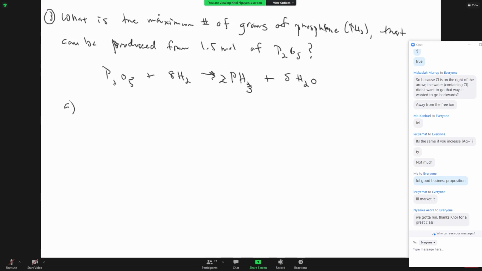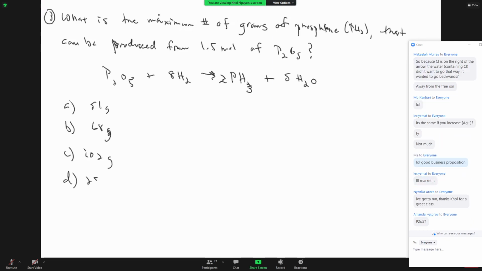Answer choices are as follows: 51 grams, 68 grams, 102 grams, 25.5 grams. P2O5, diphosphorus pentaoxide, right? Correct.